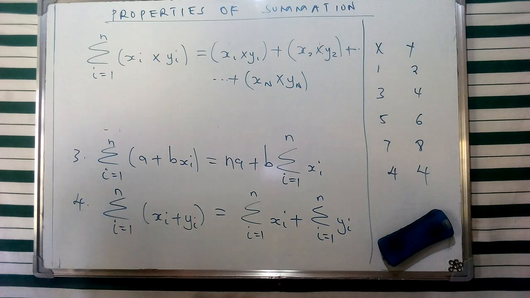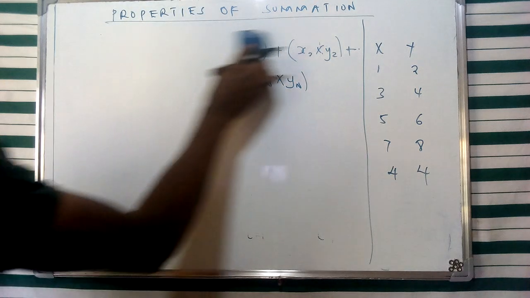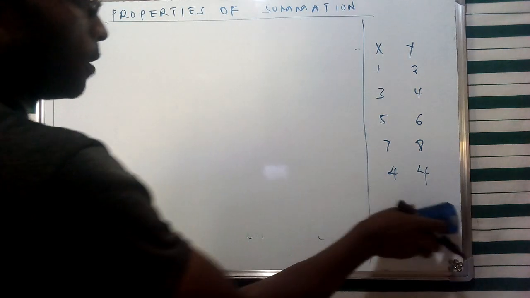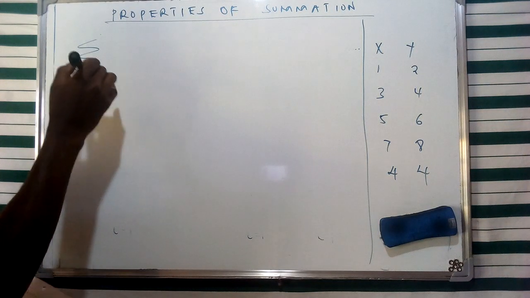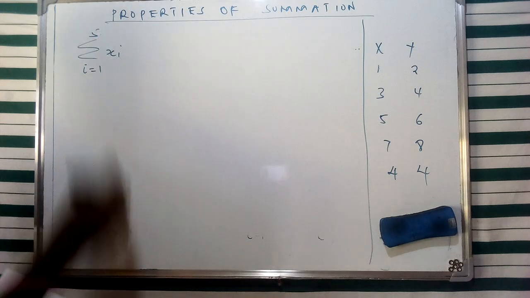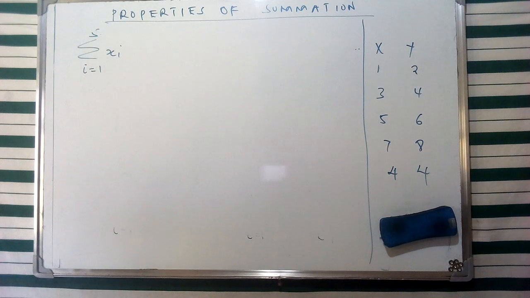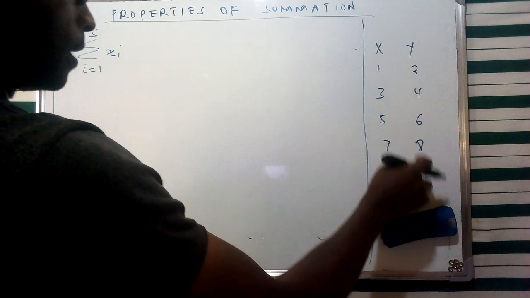So we can just do an evaluation of a few examples of what we have mentioned, using the range of values which I've given for the observations of x and y, appearing on the right side of my board. Suppose we have the summation of i = 1 to 5 of xi. In this case, we look at the values which constitute x, which are 1, 3, 5, 7, and 4.